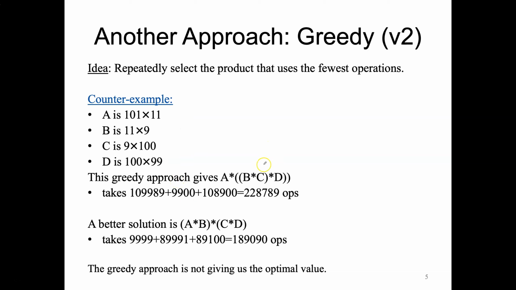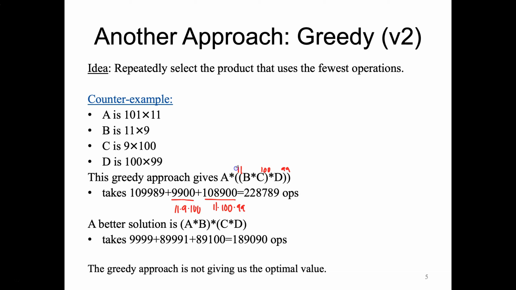So we get here, this is multiplying B times C together. This is 11 times 9 times 100. Now that we have this matrix, this is an 11 by 100 matrix, and D is a 100 by 99 matrix. So how we get the next number here is the product of those dimensions. So we've got 11 times 100 times 99.